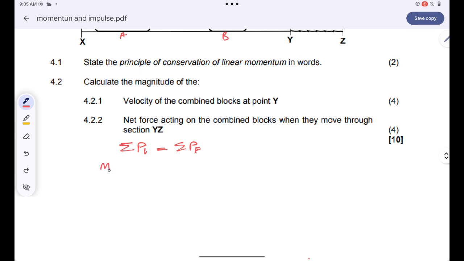So it's the momentum of object A before collision plus the momentum of object B before collision, and then after collision they will move as one unit, so we'll find their combined momentum.